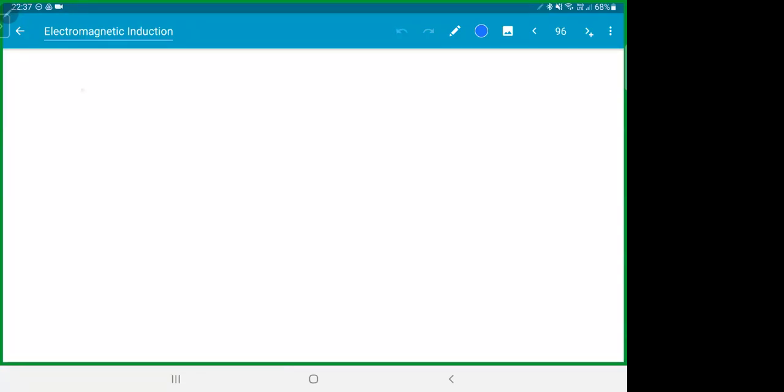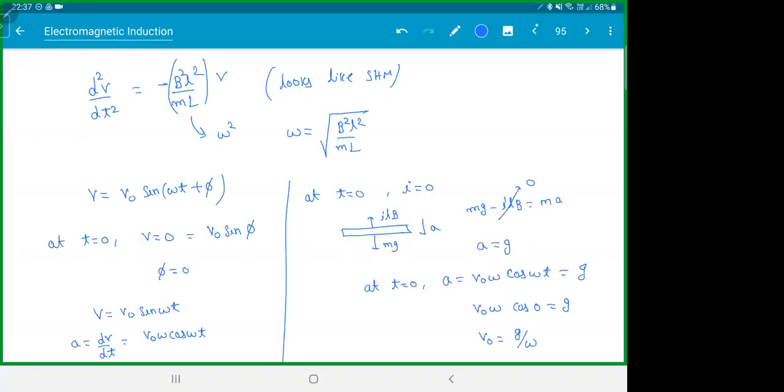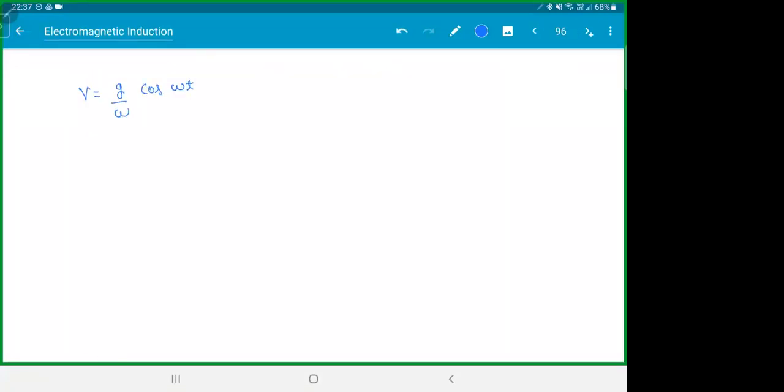From here, we got velocity v is equal to, I'll turn back, g by omega sin omega t. This is the velocity as function of time t. How will you find position? Again, integrate dx by dt, which is g by omega sin omega t.